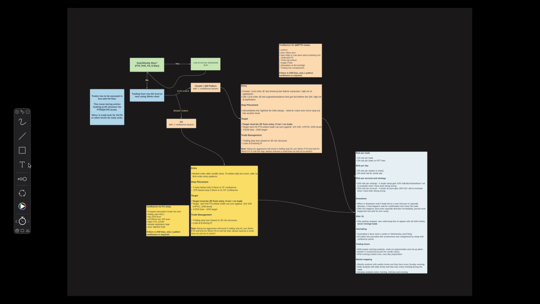3% risk for the whole day. Okay, so this is kind of conservative, because obviously you shouldn't be limiting yourself. In the ideal scenario, you should be taking every single trade that fits your trading criteria.